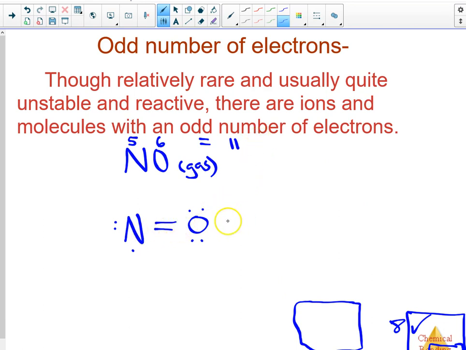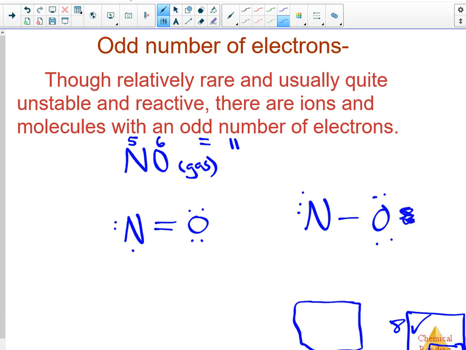We put N and O next to each other, and then we combine them with one line. Okay, we put one line on them, and then first off, we want to octet oxygen. 1, 2, 3, 4, 5, 6. That would have 8. All right, and then I have 3 valence electrons left, correct? So I have 1, 2, and 3. But nitrogen only has 1, 2, 3, 4, 5.